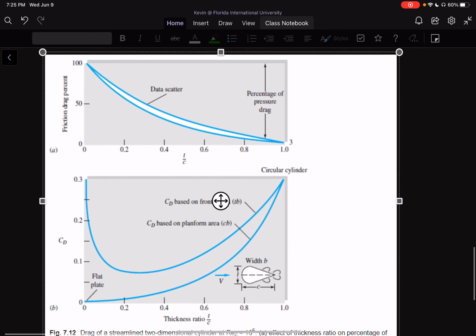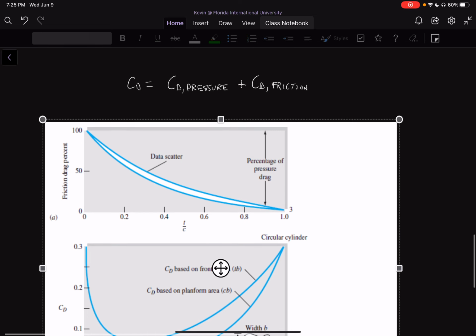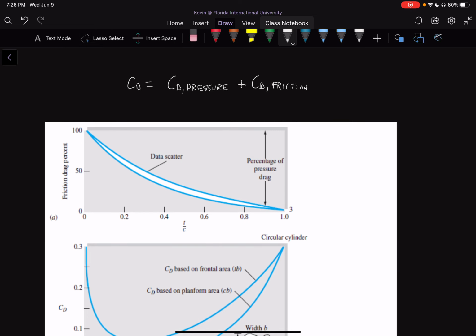Okay, so we have this diagram here, and we're going to focus on the first part of the diagram. And we see that on the top left, the y-axis says friction drag percent. So that's the amount of drag that is coming from friction.